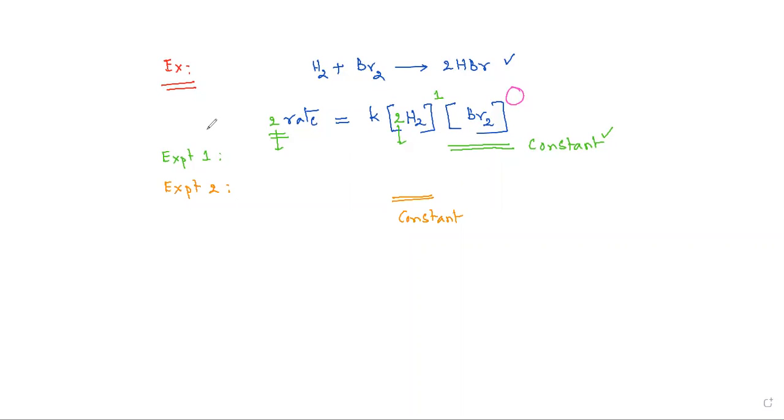Anyway, you got clarity on how the powers are obtained. Let me just tell you what has actually happened. When the concentration of bromine is doubled, the rate became root 2 times.